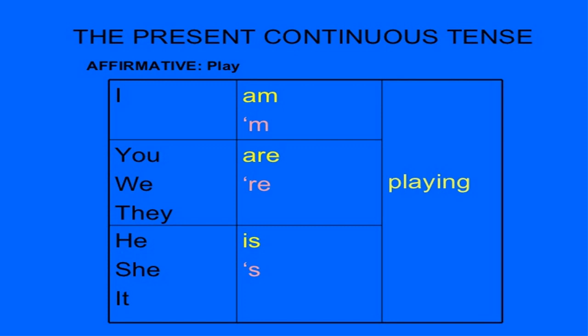Now see, in affirmative, if I am talking about I, then I am, and if the verb is play, that means first form plus ing, that becomes playing. So, I am playing. If the subject is you, we or they, you are playing, we are playing, they are playing. If the subject is singular, then the auxiliary is. He is playing, she is playing, it is playing.